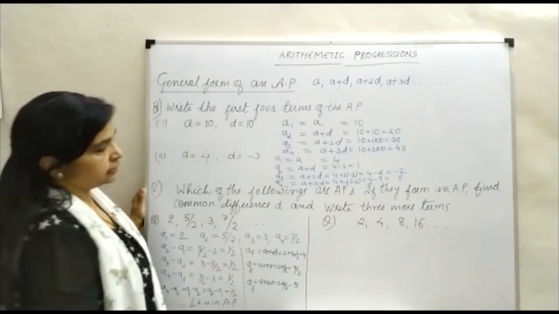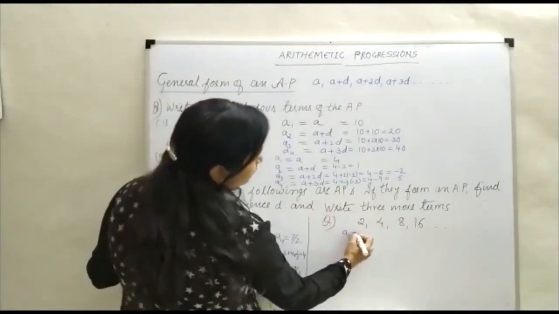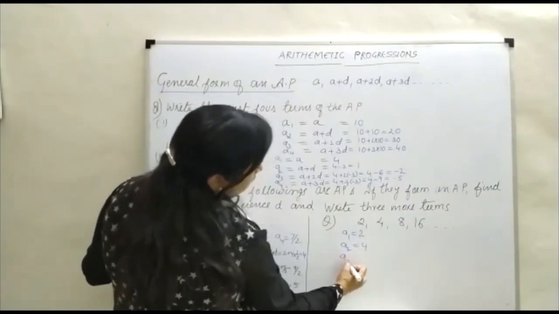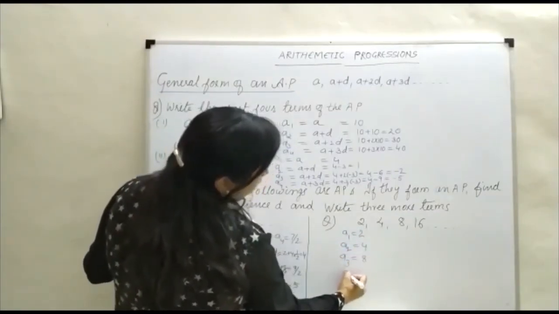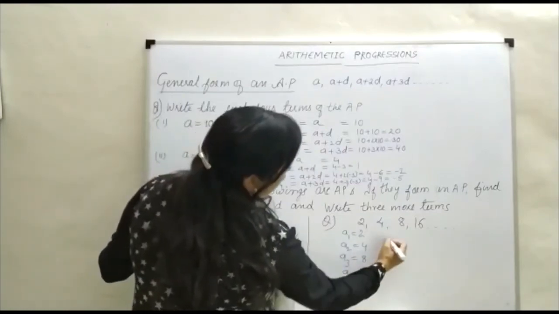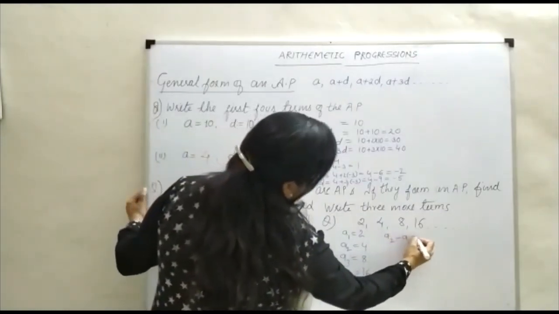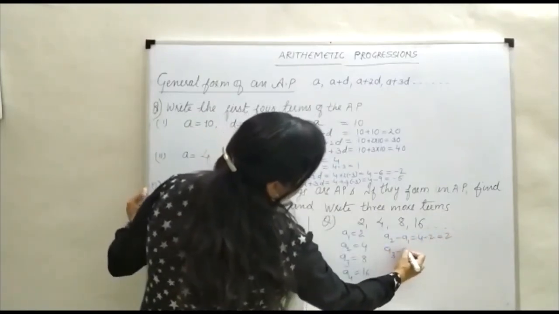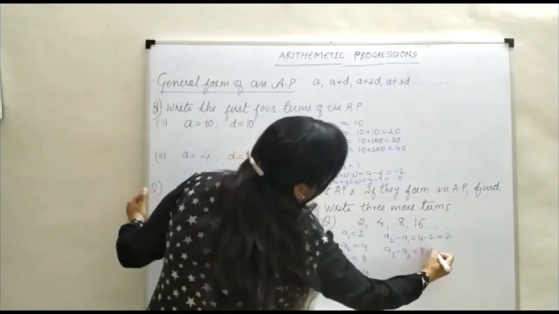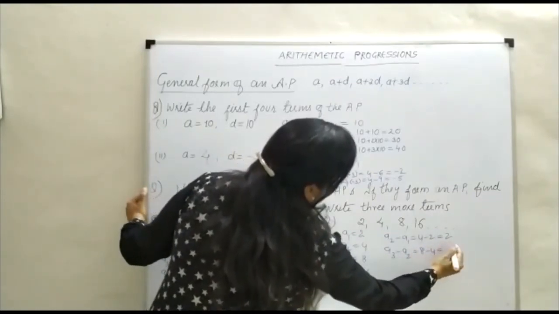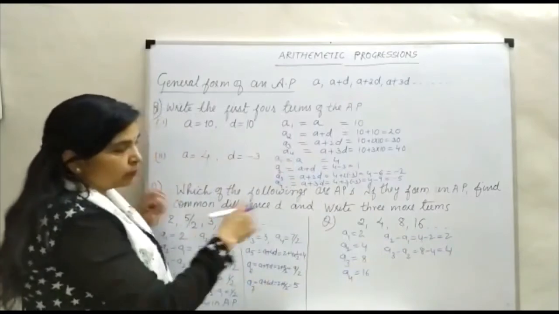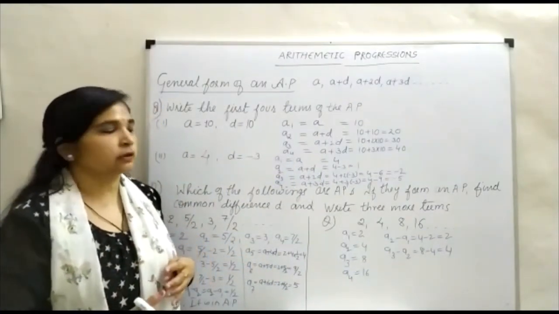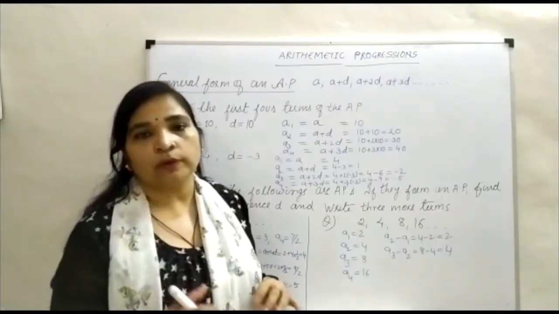Now let us see another question. Here A1 is 2, A2 is 4, A3 is 8, and A4 is 16. When you find A2 minus A1, you get 4 minus 2, and that is 2. A3 minus A2, that is 8 minus 4, you get 4. You can see here, the moment you get a different common difference, from there itself you can conclude that the given terms are not in AP.